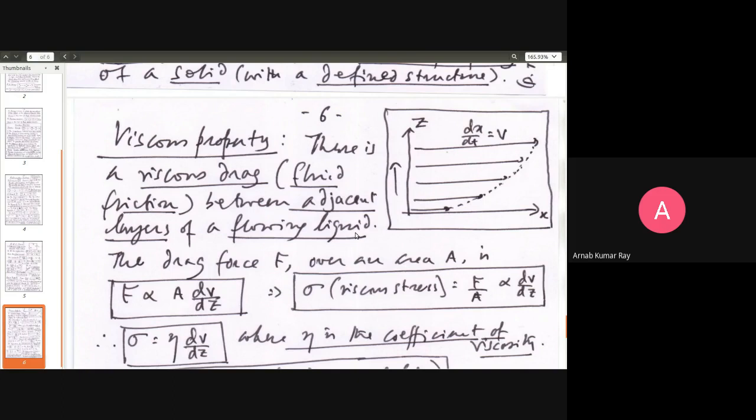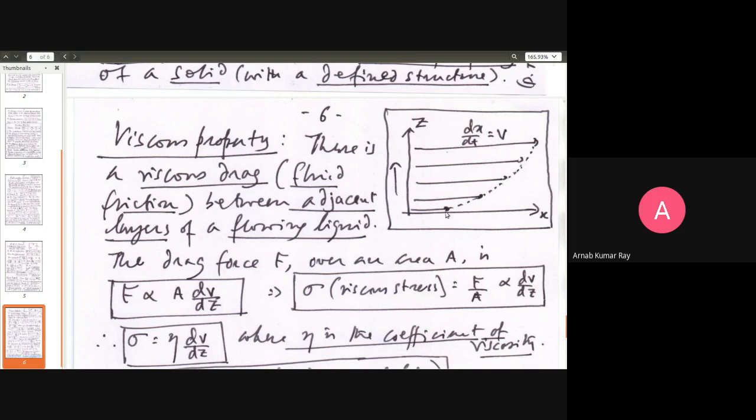Something similar happens in the case of viscosity. Here you have layers and layers of water, plain layers. Since you're looking at a cross section, I've drawn the layer with a line. This is just like looking at a plane edge on. So this is a plane actually coming out of the paper, going towards your eyes and going into the paper on the other side, whatever. But if you're looking at a plane edge on, it will look like a thin line. So this is a layer of water, this is a layer of water, this is a layer of water.